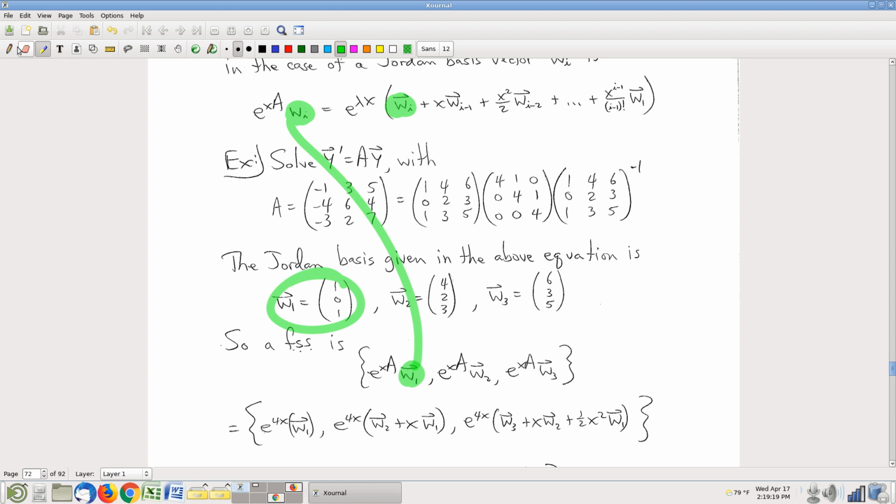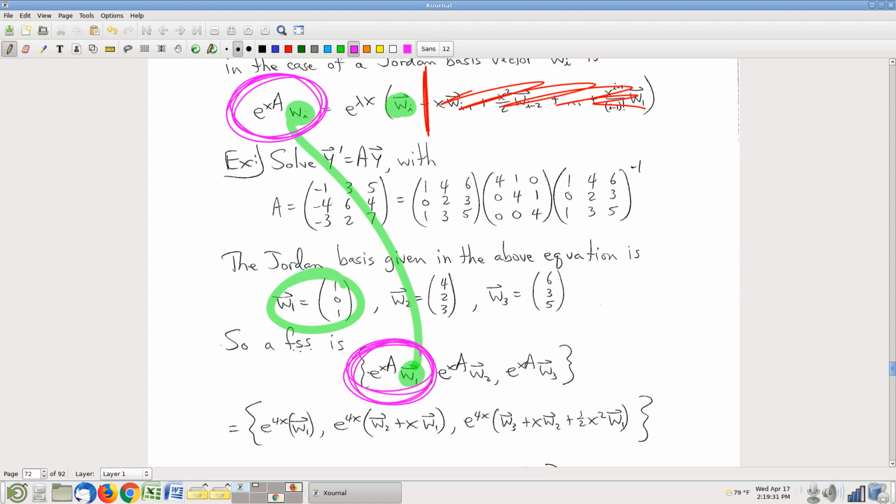Oh, which by the way is an eigenvector, and therefore we stop. And so the matrix exponential, this first solution that we're looking at is e to the lambda x times W1, like so. All right, everybody good with the first one? Okay.